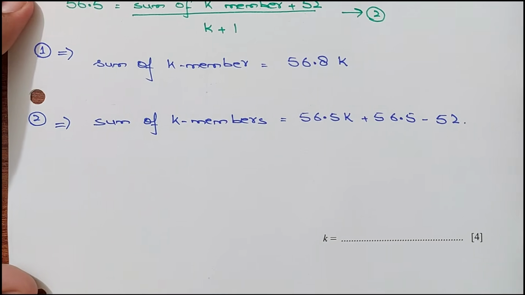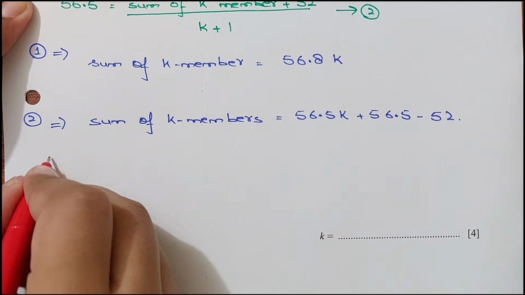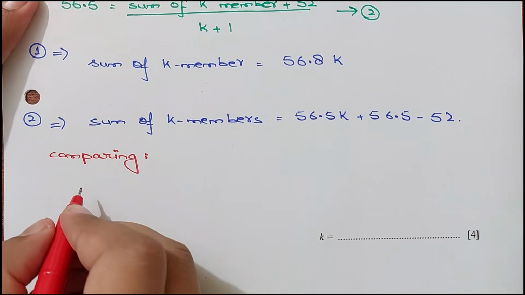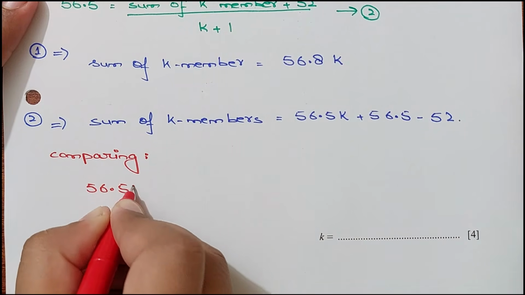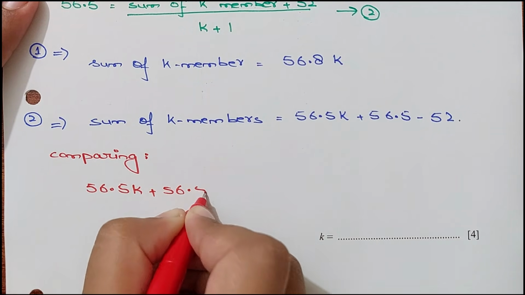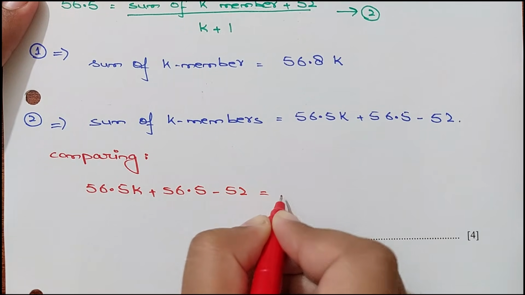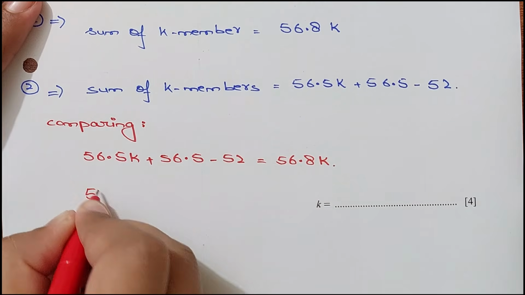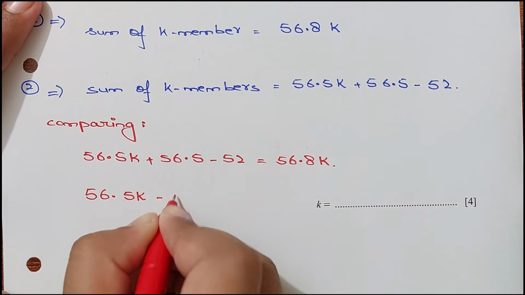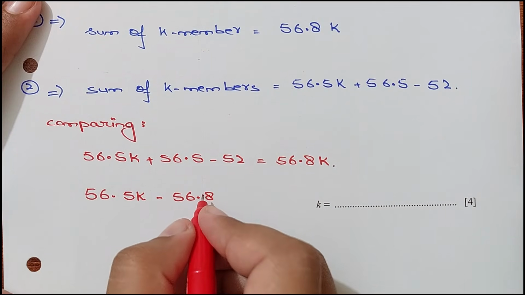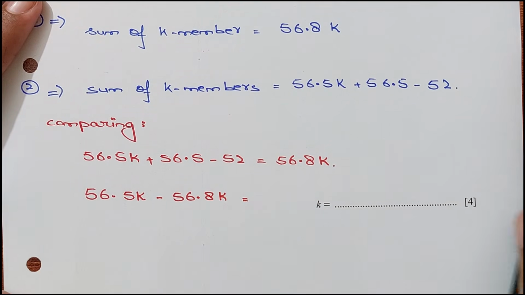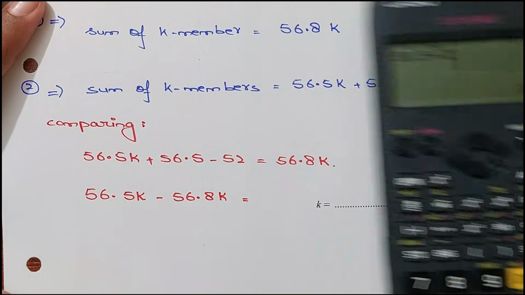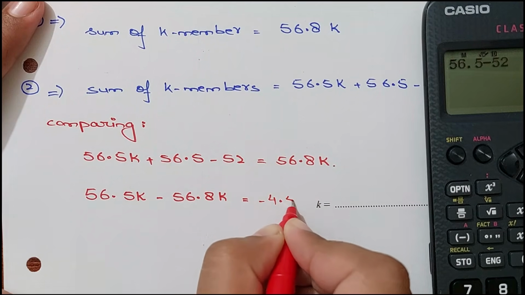Right. Now let me compare the two equations. I can easily get the k value. So we can say 56.5k plus 56.5 minus 52 equals 56.8k. 56.5k minus 56.8k equals 56.5 minus 52, which is 4.5, shifted over here as minus 4.5.